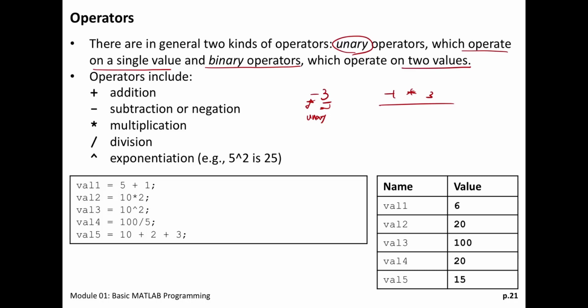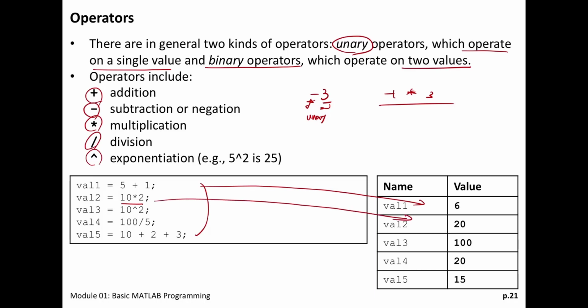Okay, the other operators are plus, minus, times, division, and exponentiation. This is similar to the math equation. 5 plus 1, 6, 10 times 2, 20, 10 to the power of 2 is 100, 100 divided by 5.